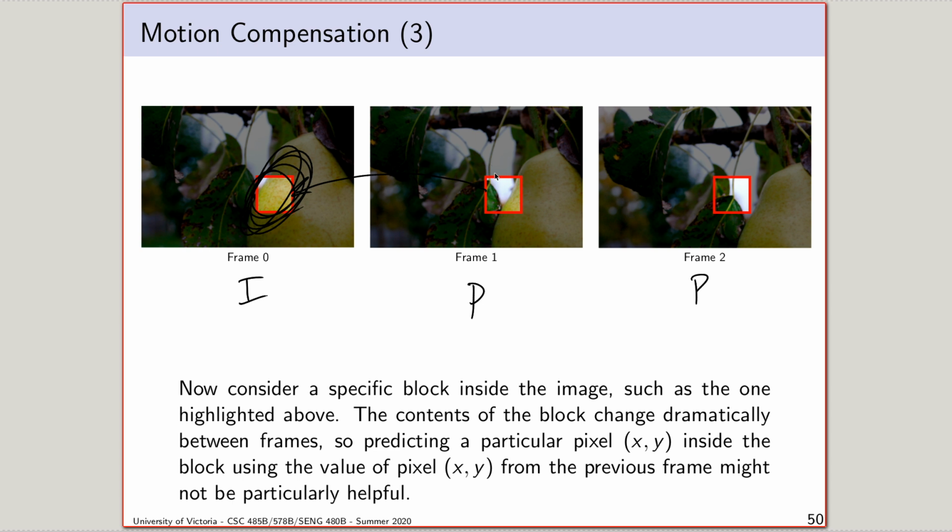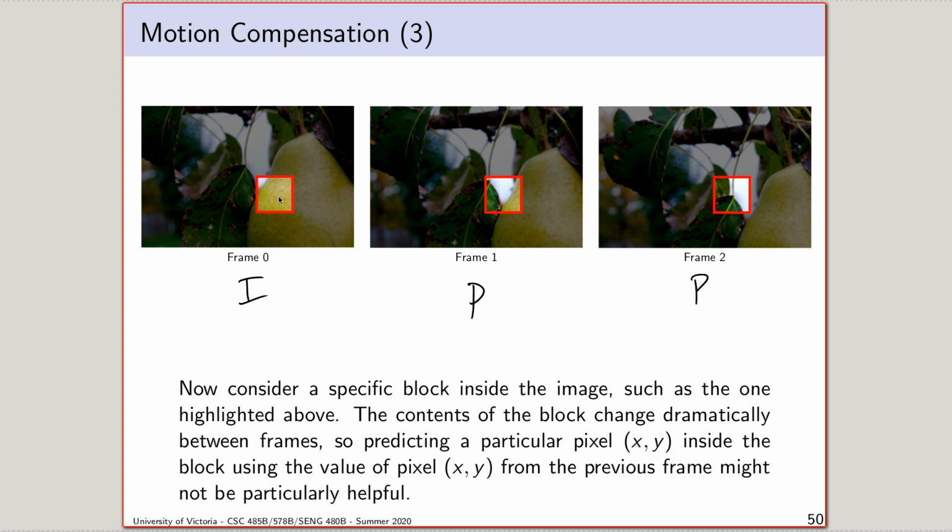And we'll notice that some of this, like this bit here, matches up with the corresponding bit over there, but there will be some delta values that are really large, like this middle bit, which is the bright sky against the green of the pear. If we have large delta values, we get bad compression. It might even be easier to compress this block from scratch with Intra coding as opposed to taking the delta values. So I want to avoid that.